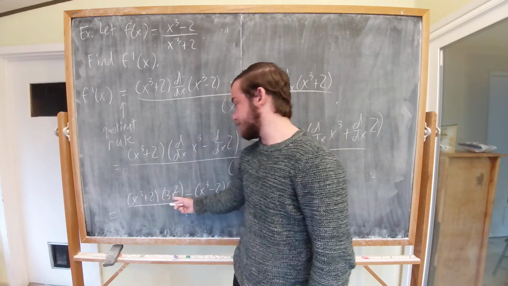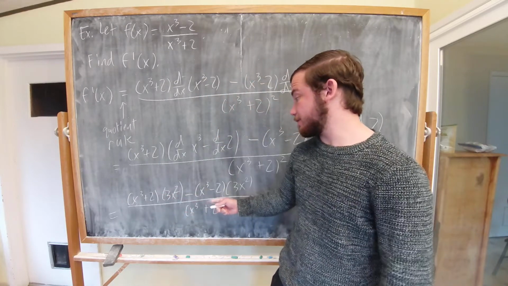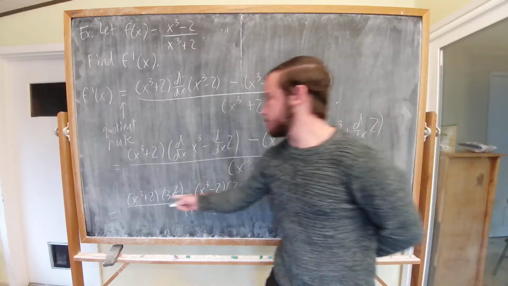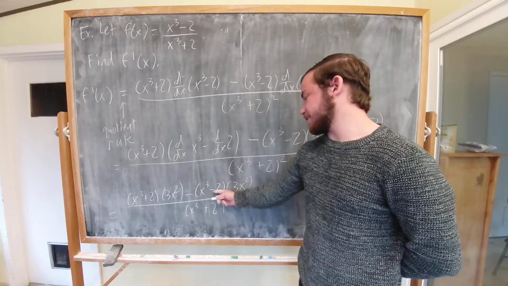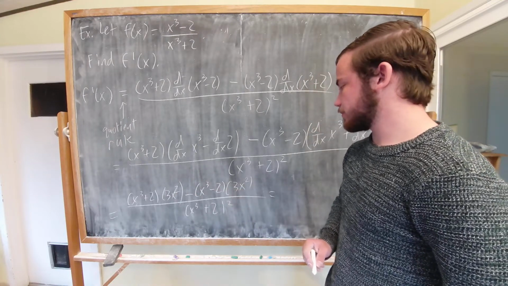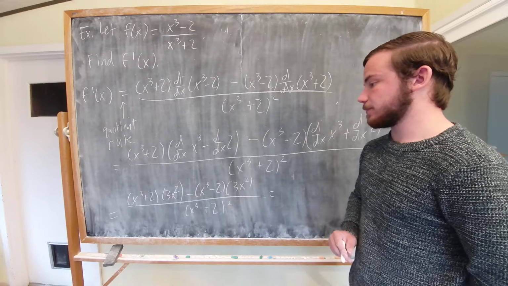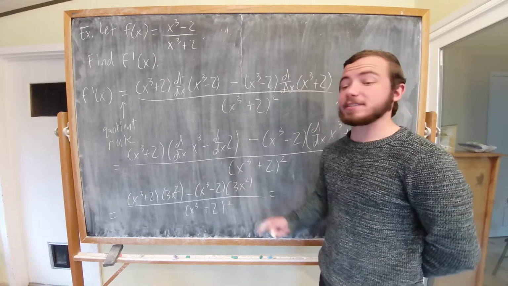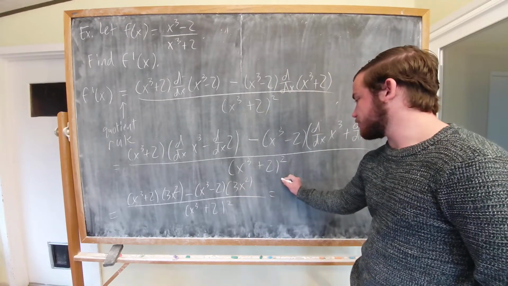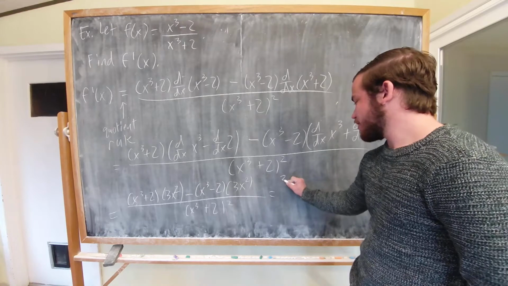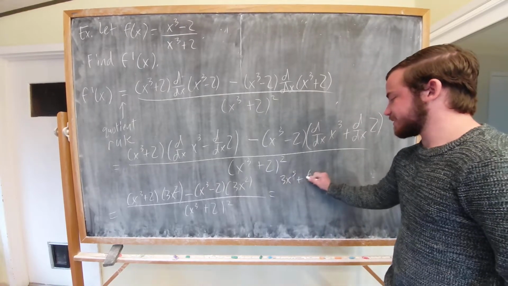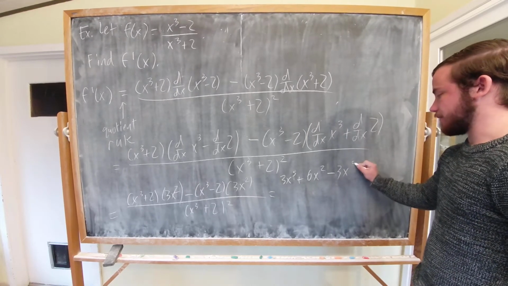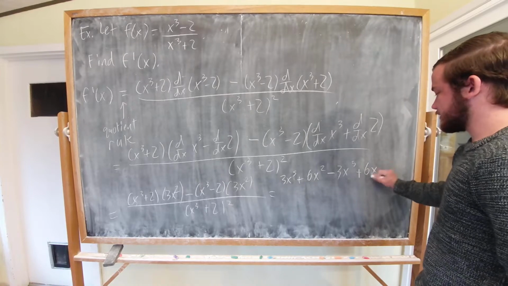We're going to have 3x to the 5th, minus 3x to the 5th, so those are going to cancel, plus 6x squared, plus 6x squared. So, let me write that out before I confuse myself any further. We have 3x to the 5th plus 6x squared minus 3x to the 5th plus 6x squared.